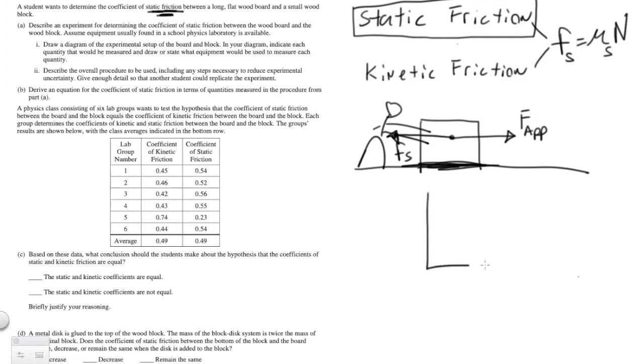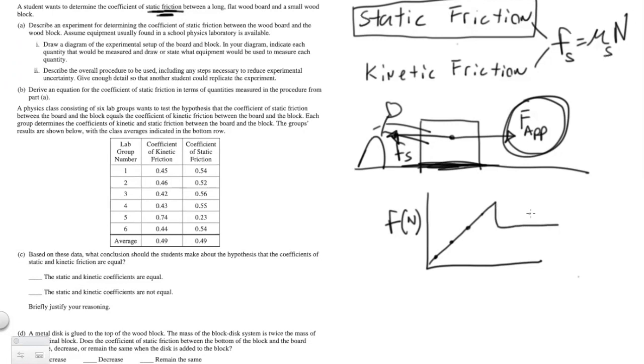If we graph this, here's what I'm saying. Let's say we look at friction here. You start to push on the block, so you're pushing on the block. This is friction measured in newtons. You're pushing harder and harder, as the applied force gets bigger, the force of static friction gets bigger, until finally you overcome the static friction and you slide down into kinetic friction.